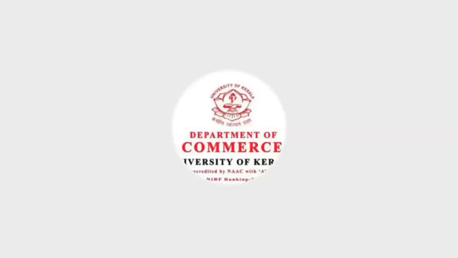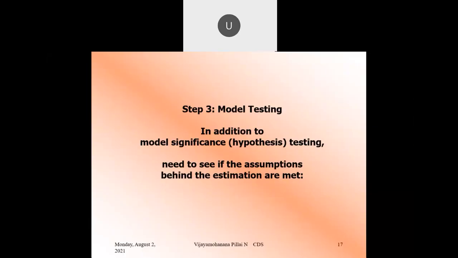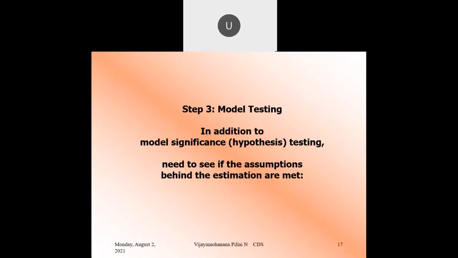So, as I told you, once we have estimated a particular model econometrically, we go for model significance testing, that is, the hypothesis testing on our estimated coefficients based on, of course, our null hypothesis for the parameters of the model. And then we report the results.